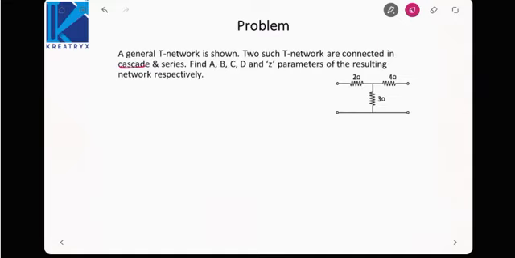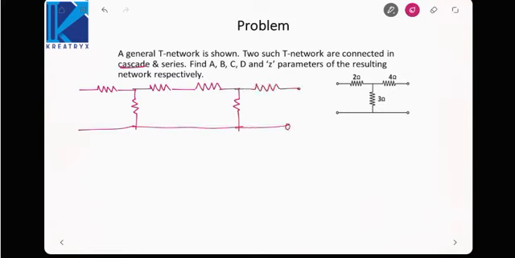If you connect in cascade, then what will be the network? 2 ohm, 3 ohm, 4 ohm, then again 4 ohm, 2 ohm, 3 ohm, and again 4. Okay, that is 2, 3, 4, 2, 3, 4, like this.